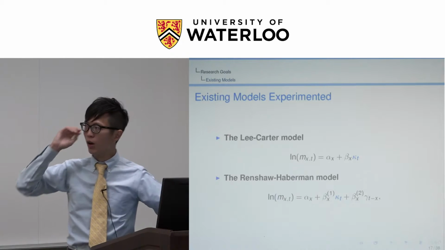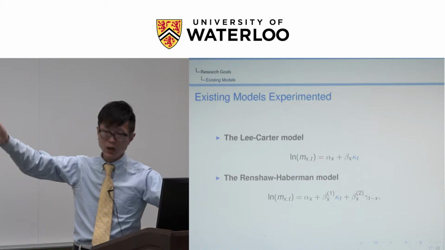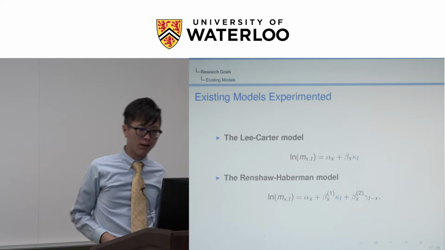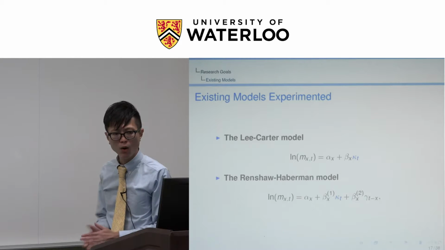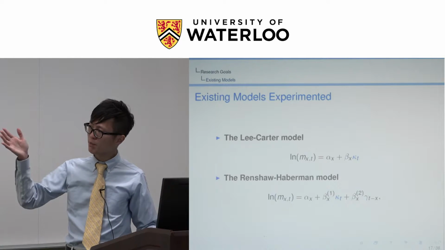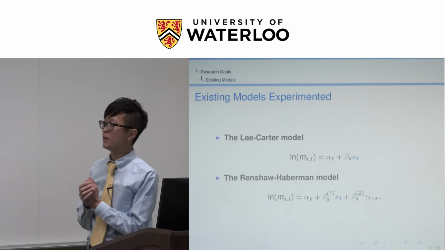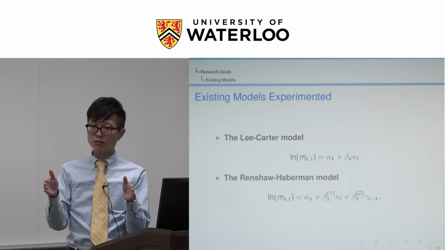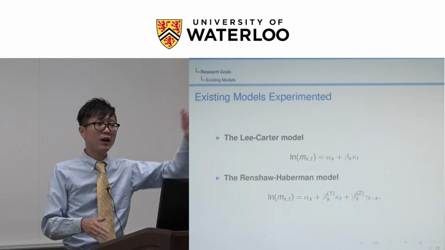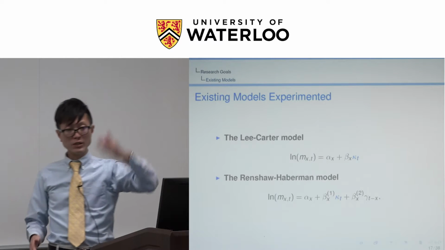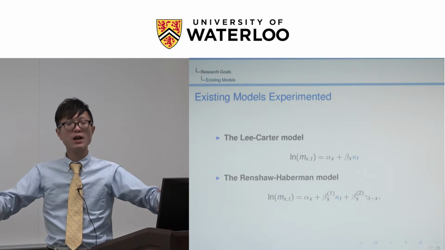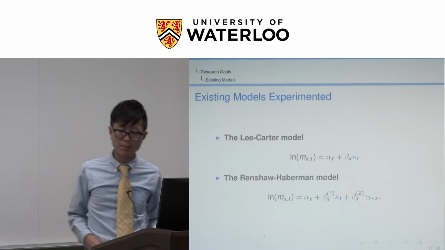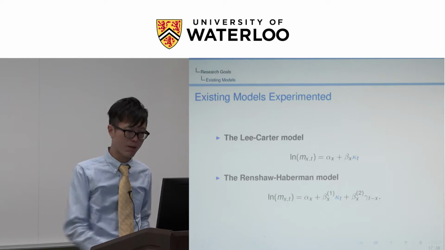In the Lee-Carter model, we have alpha and beta, which are related to age, and kappa, which is related to time. In the Renshaw-Haberman model, we have age-related parameters, time-related parameters, and the last parameter gamma, which is related to t minus x, current year minus current age, which represents the year of birth of individuals. So gamma is a cohort-related parameter.